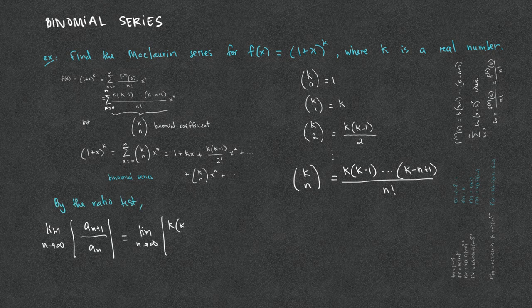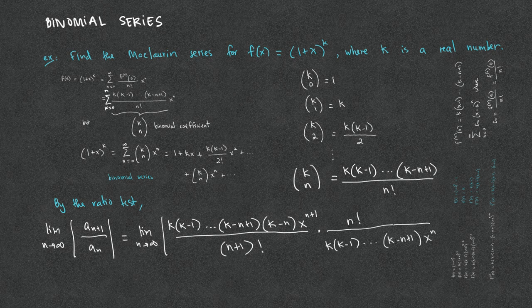By the ratio test, if we look at the limit of the ratio of a sub n plus 1 over a sub n, note that a sub n plus 1 is the a sub n term being replaced with n plus 1. So the binomial coefficient is the product from k all the way to k minus n divided by n plus 1 factorial.